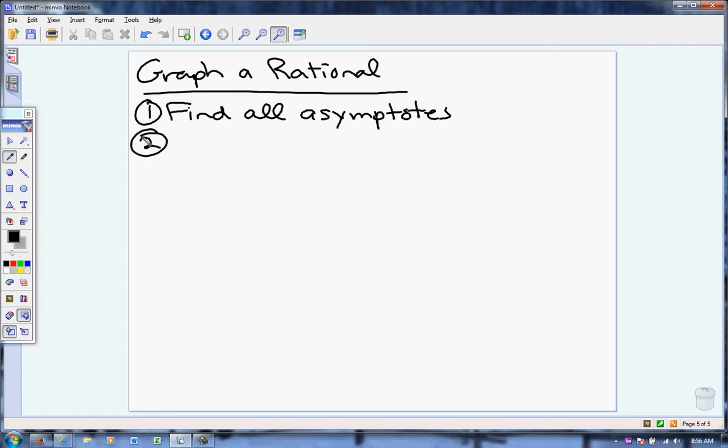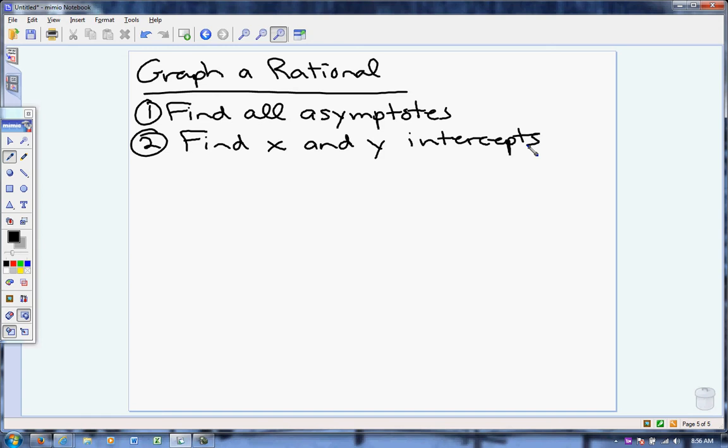Number 2. Now this is the one you may not have thought of. Find my x and y intercepts. Because if I know where the function is going through the x and y axis, I can start getting an idea for what it's probably doing.